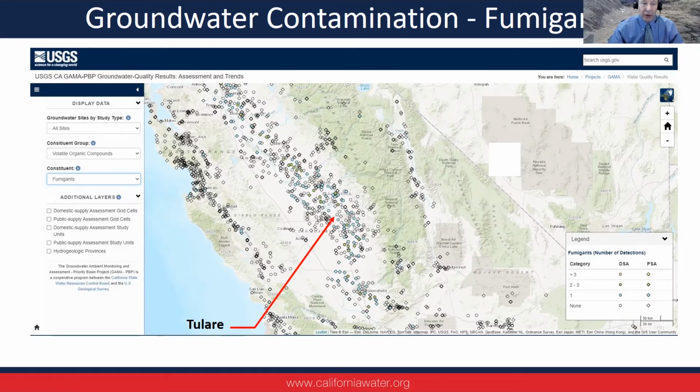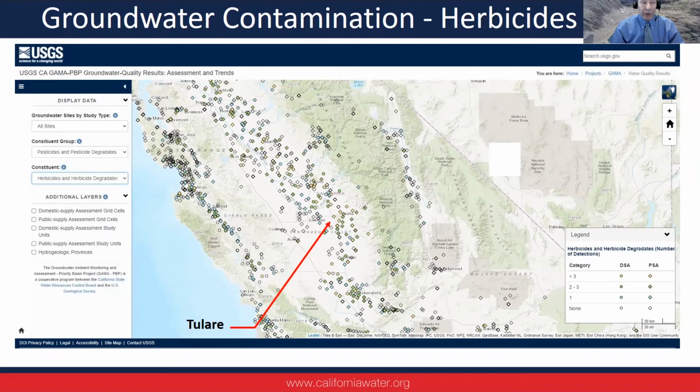The third one we're going to look at are herbicides and herbicide degradants, which are herbicides that are applied to the ground, and also pesticides that are applied to the crops.